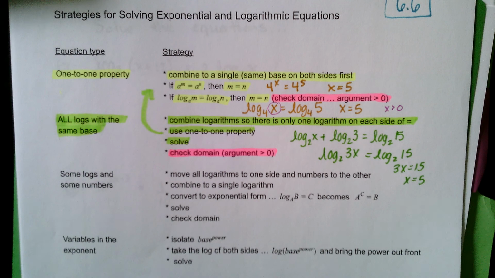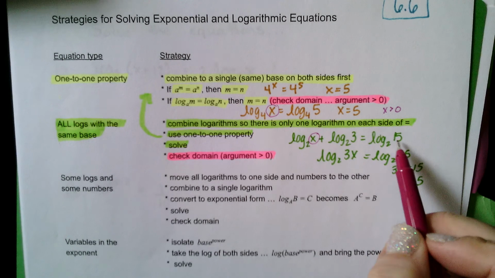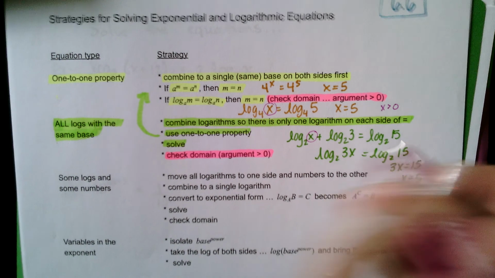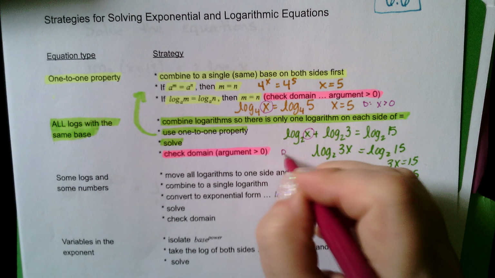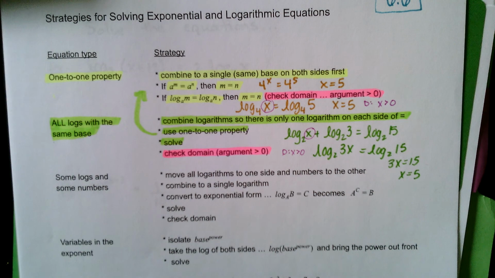And again, watch the domain, which would be this one right here. Since these two logarithms don't have variables, they won't have any domain restrictions, only the ones with variables. So the domain would also here be that x has to be greater than 0. And we got x equals 5, so domain is good.